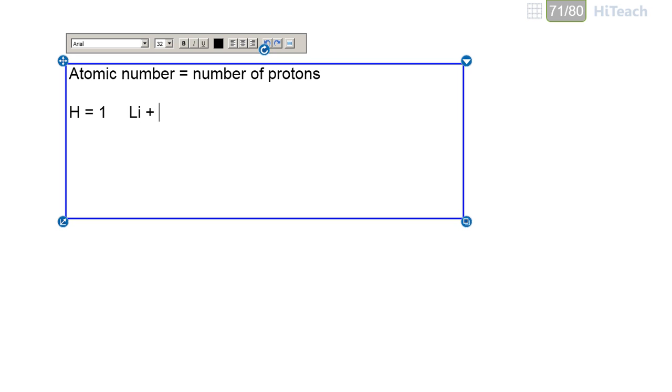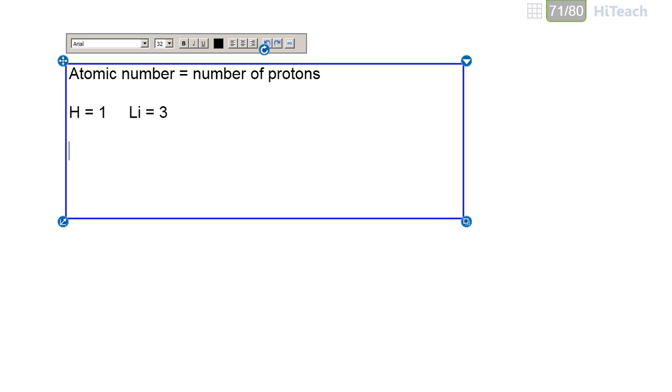The atomic number of lithium is 3, which means it has 3 protons. So you can't find the number of protons in lithium the same as in hydrogen, because each element has its own number of protons, which is like an identity for this element. When you talk about the number of protons, you are identifying the element.